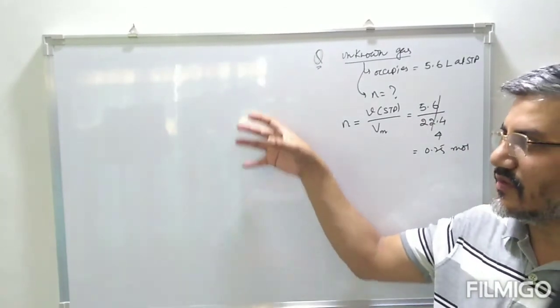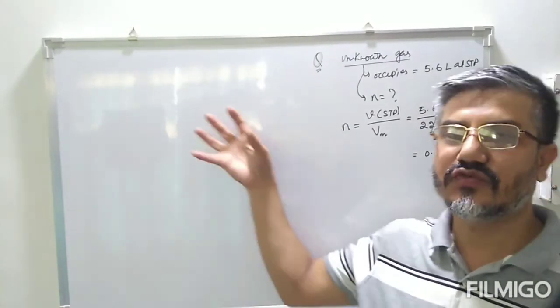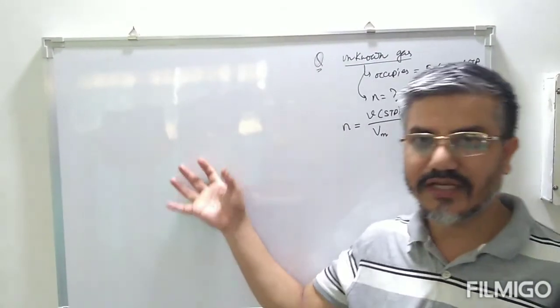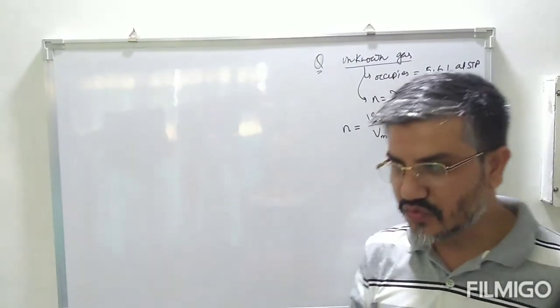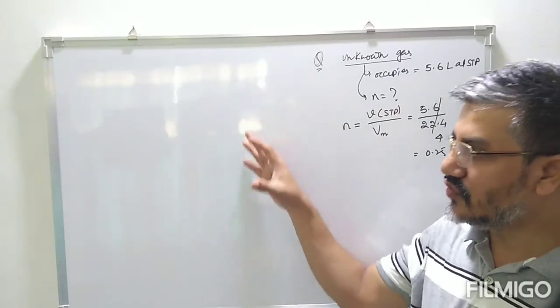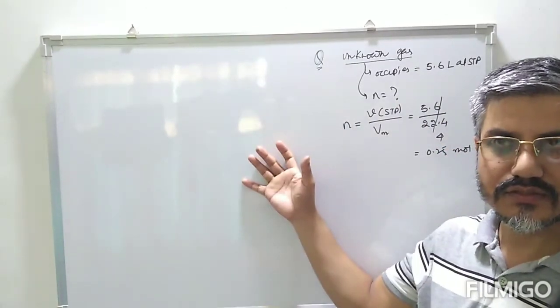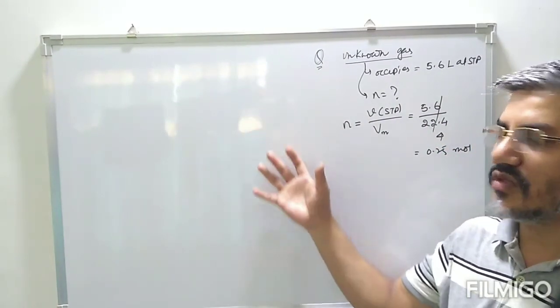For this, the very important condition is that we should know what a mole is and what the significance of the mole is. So for today we'll conclude here. This is about the mole.